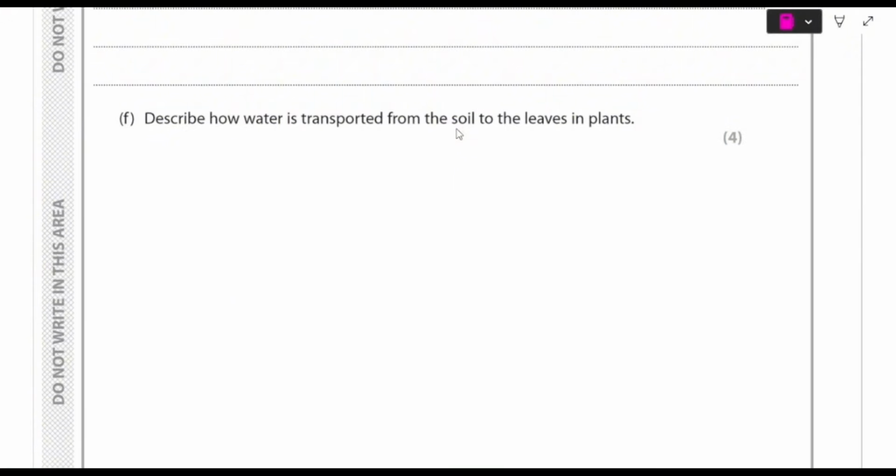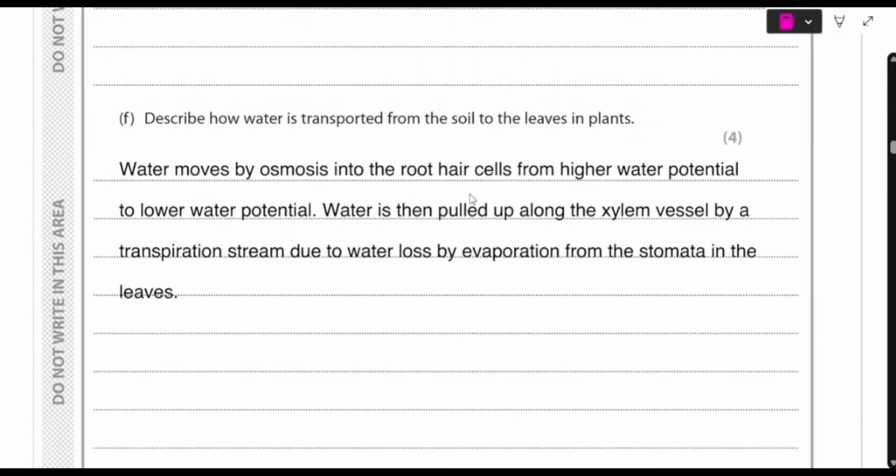Then it will go up to the leaves. For that it has to travel through the xylem vessel. The xylem vessel carries the water from the roots to the leaves, with the help of the transpiration pull. So that is our answer.